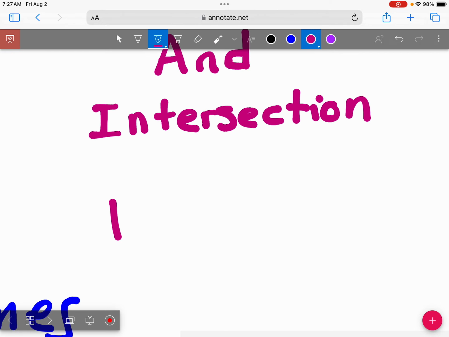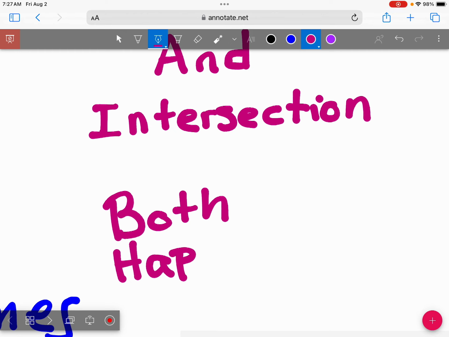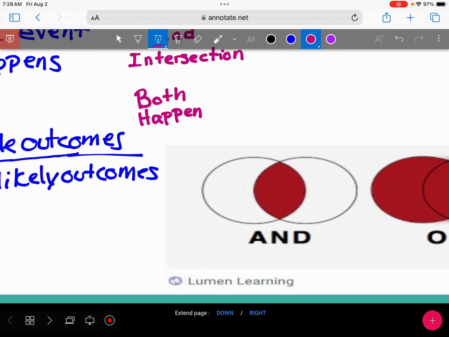And this means both events happen. So if we look at these pictures up here, I know they're not in your notes packet, but these little circles down at the bottom. I'm going to turn this so I can actually label stuff. What this is saying is that this would be event A in this left-hand circle.